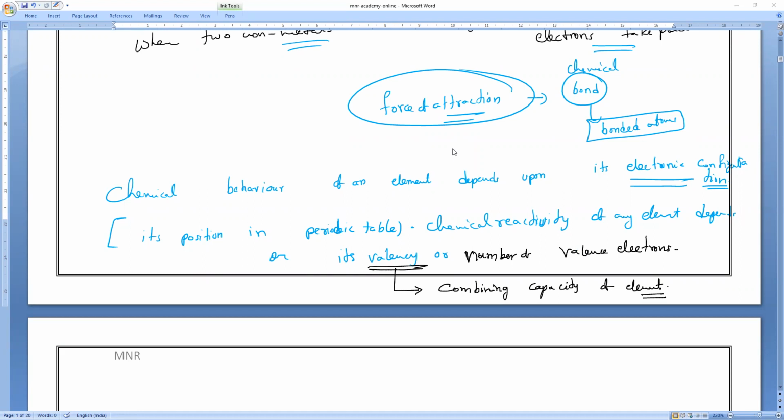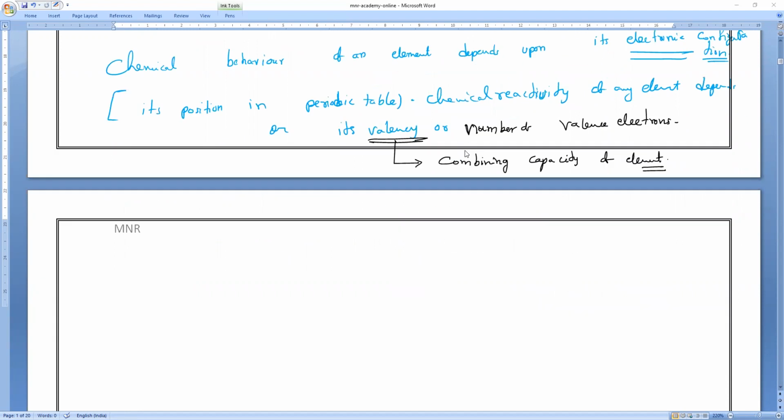That decides the element's behavior. Those elements which have an incomplete valence shell are reactive in nature. Those elements which have a complete valence shell are unreactive. Keep it in mind: incomplete valence shell, reactive or unreactive?